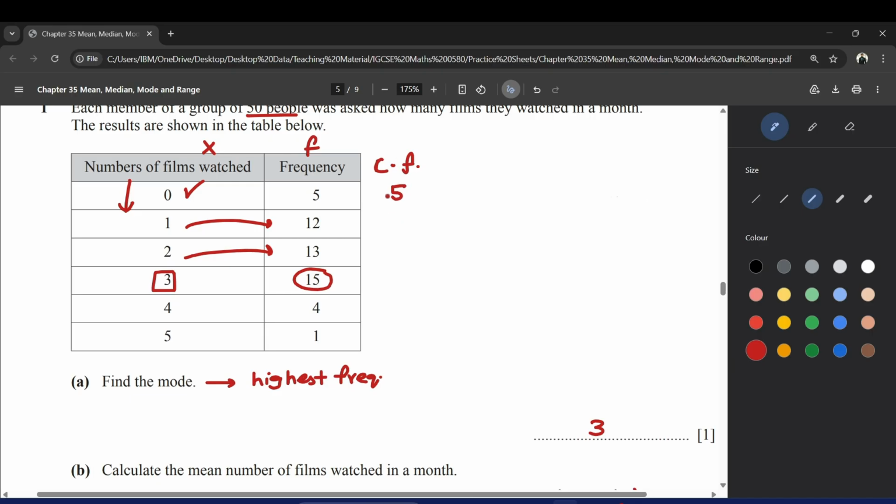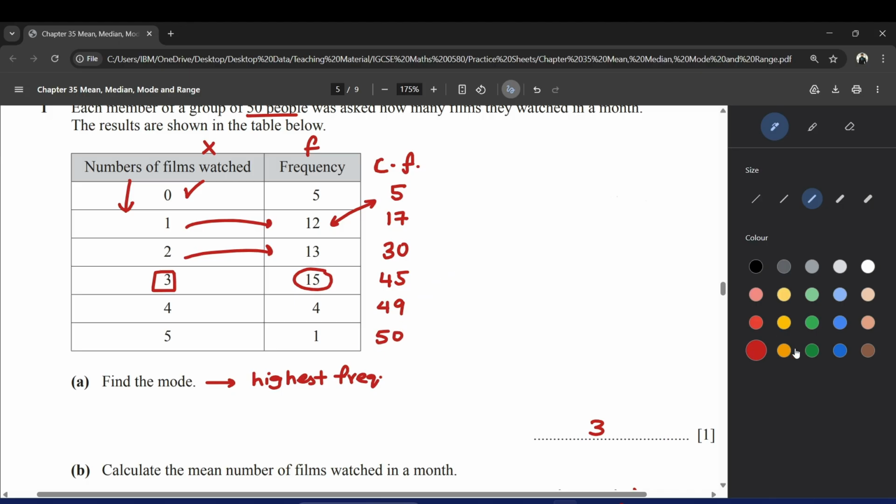The next one will be worked out by adding these two values. So 5 plus 12, that would be 17. Then 17 plus 13, that would be 30. 30 plus 15, that would be 45. 45 plus 4, that would be 49. And 49 plus 1, that would be 50.